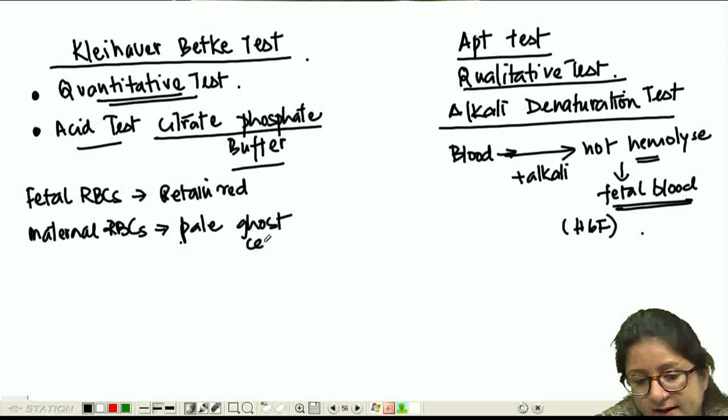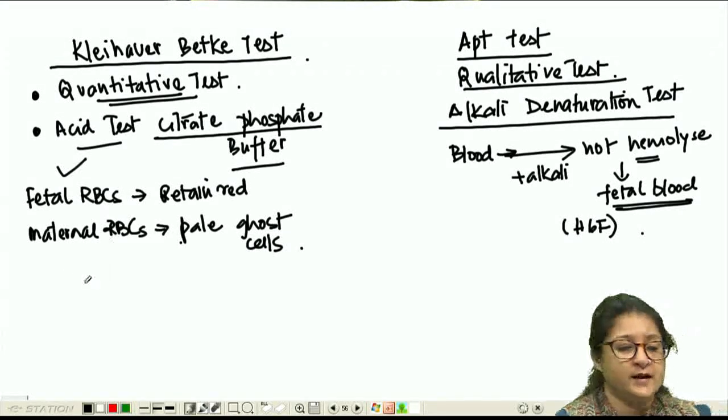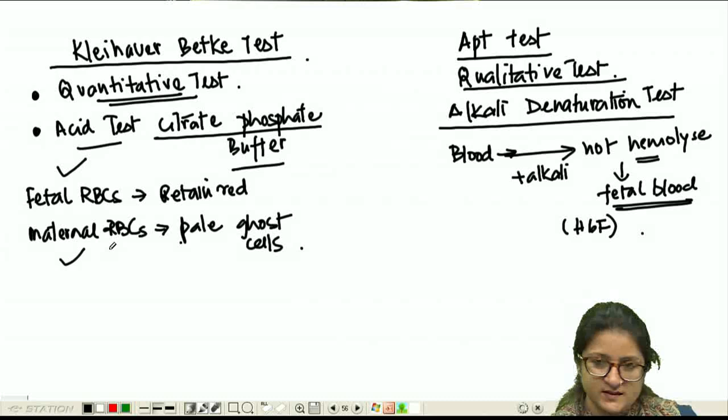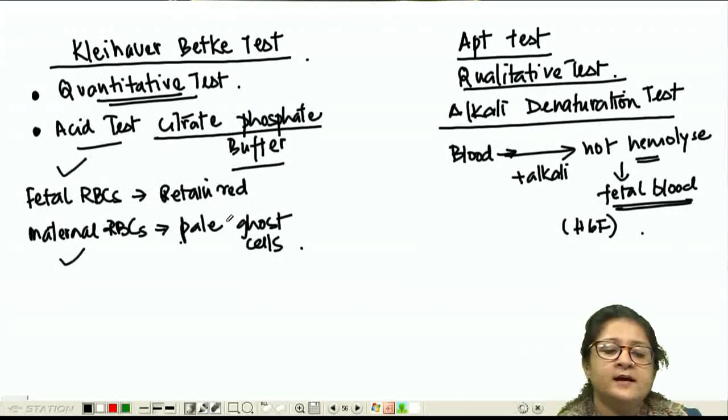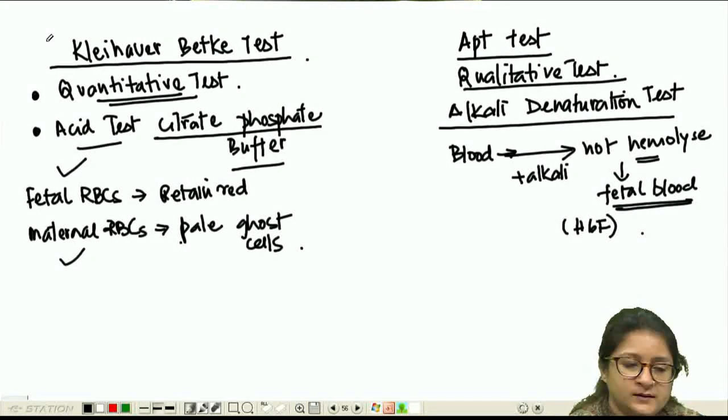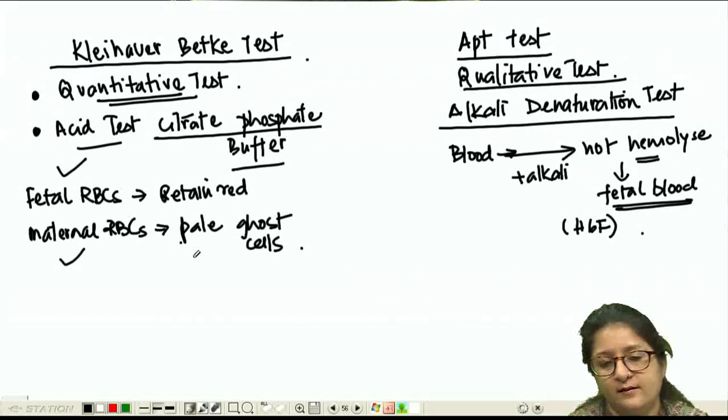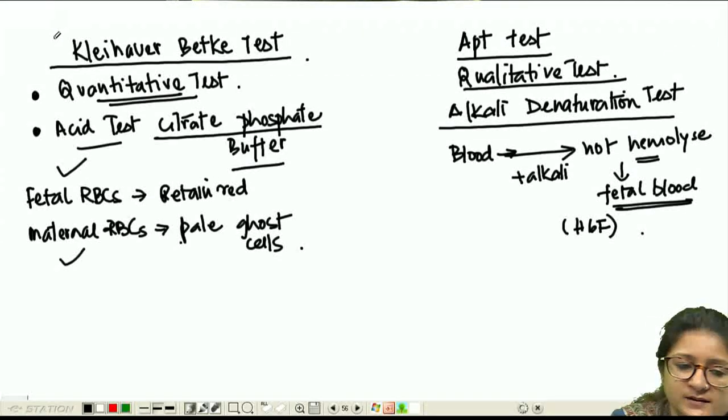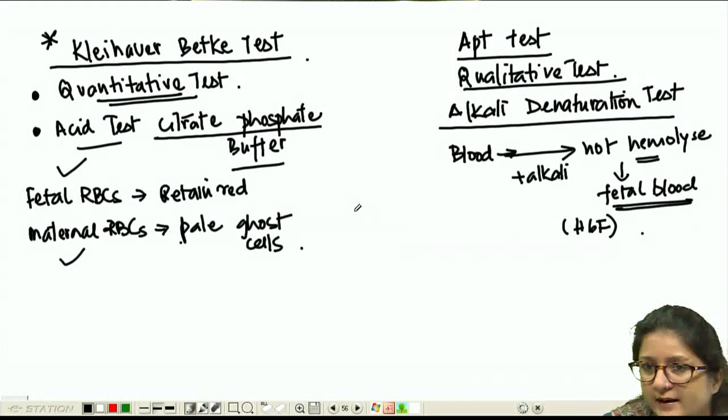Pale ghost cells, and then they can be counted. We can count the number of fetal RBCs versus the number of maternal RBCs in the blood sample, and give a computed calculation of the amount of feto-maternal hemorrhage. There are various formulas for that. So that is the basis of the Kleihauer-Betke test.